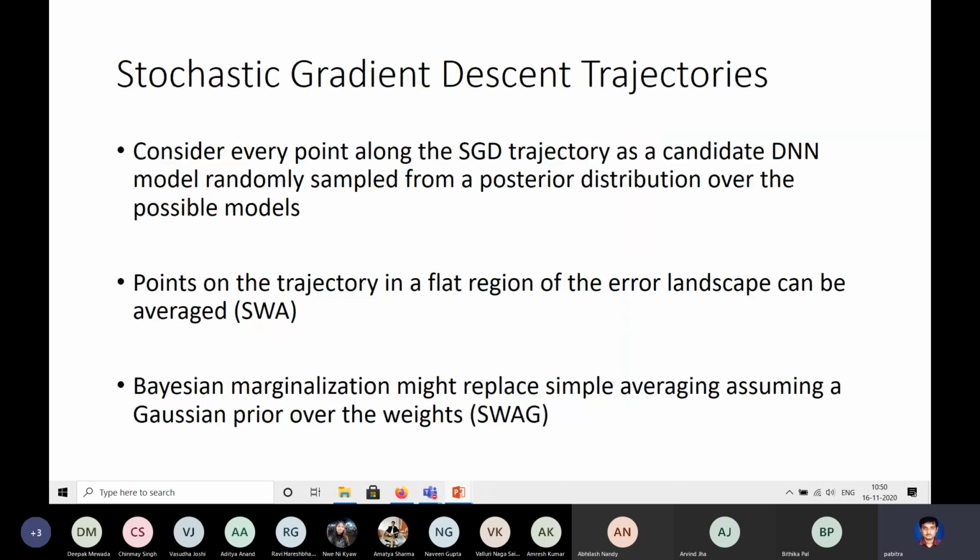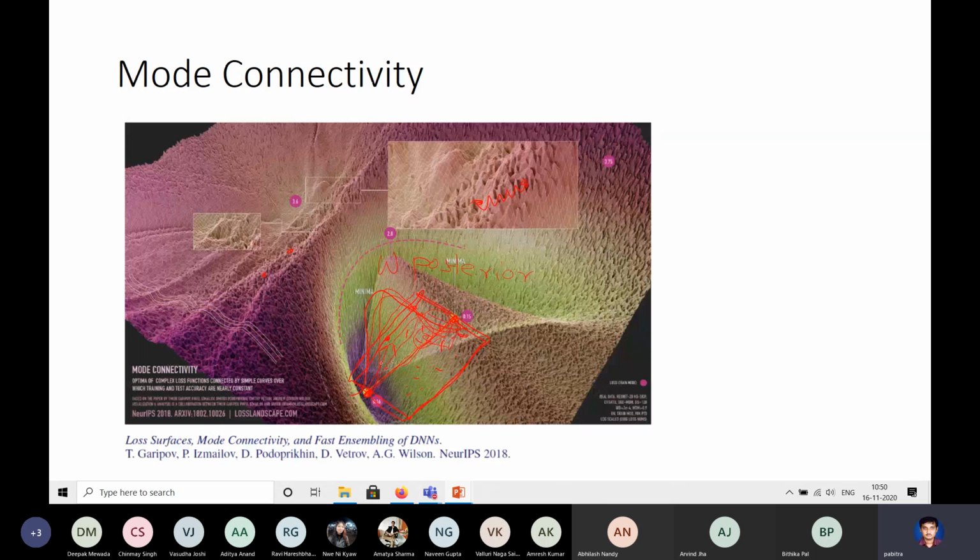Okay, but this you can do not in any part, but in the flat region of the error landscape, in a flat minima of the error landscape. So this approach, which has actually been theoretically proved, is called stochastic weight averaging, or SWA. People actually went one step ahead. They said, why just do an average over all these points?